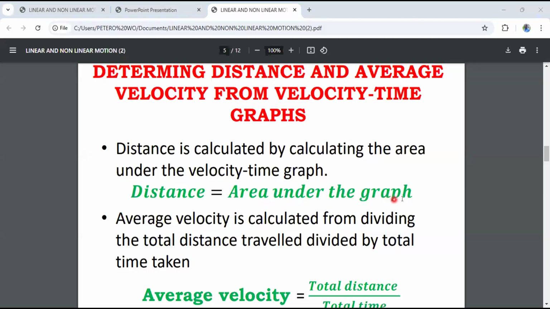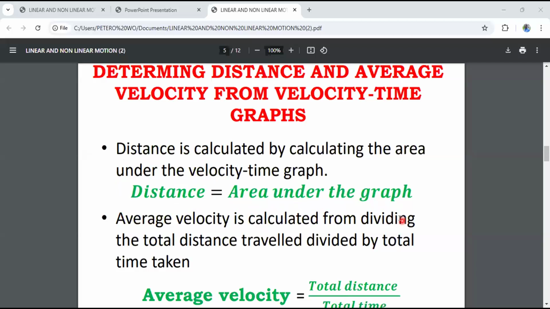You look for area under the graph. So if someone gives you a velocity time graph and asks you for distance that is traveled, you first have to look for the area under the graph. And the text that we are having shows us that for us to get distance, we will just calculate the area under the graph. So we are going to look at what is the area under the graph. How do we determine it?